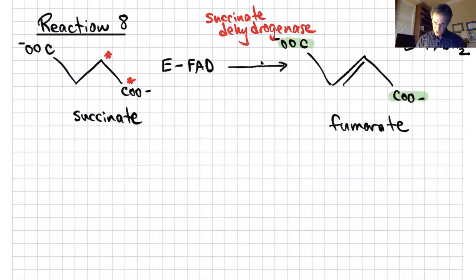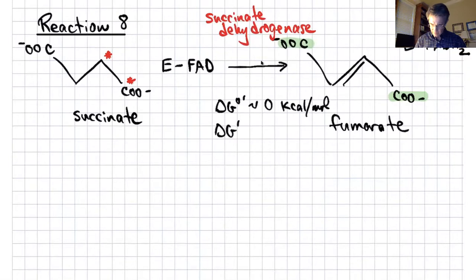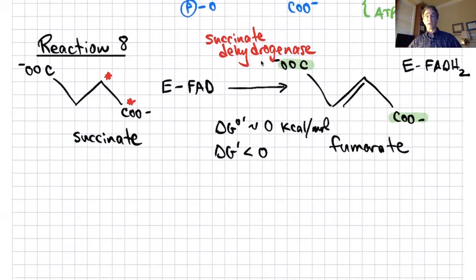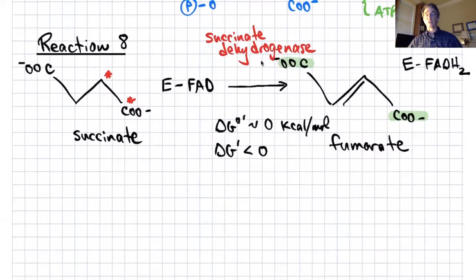The free energy change for this reaction is approximately 0, right? It's the standard state, right? The actual, again, this is one that I haven't been able to locate. It's going to be less than 0, but it's going to suffer from the same thing as so many of these steps that are operating unfavorably in terms of the standard state free energy in the forward direction. They're going to have to be pulled, right?